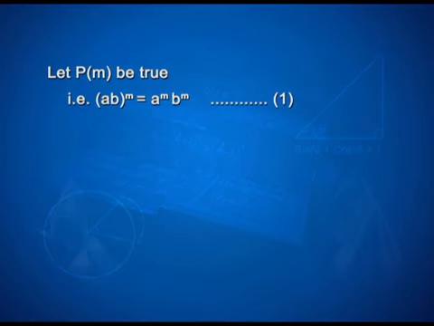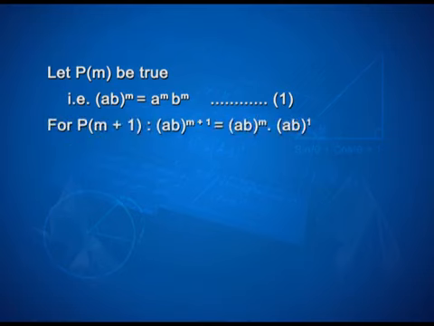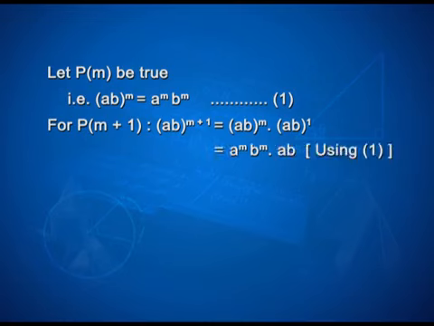Let P of m be true, that is, ab whole raised to m is equal to a raised to m into b raised to m. Take this equation as number 1. For P of m plus 1, ab whole raised to m plus 1 is equal to ab raised to m into ab raised to 1, which could be simplified as a raised to m into b raised to m into ab using the first equation, and this again can be expressed as a raised to m into a into b raised to m into b.